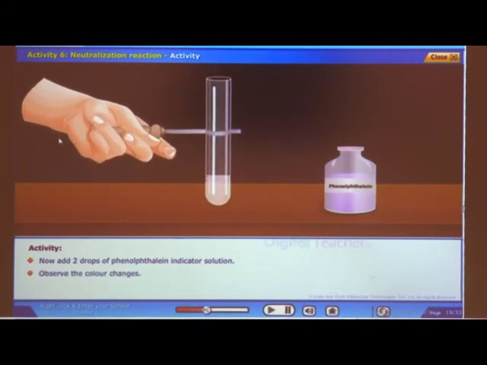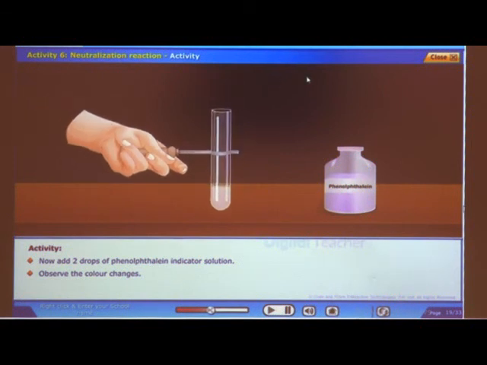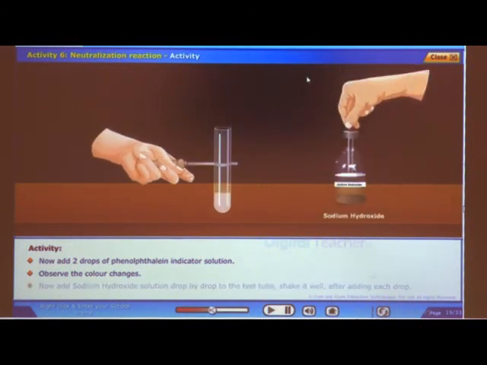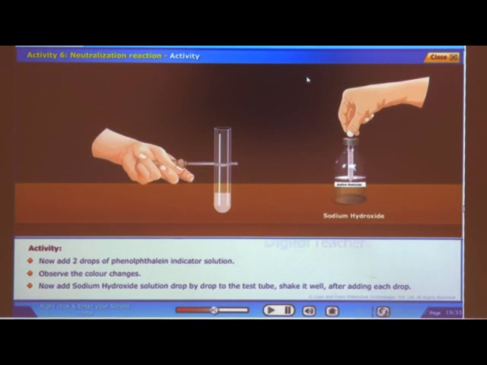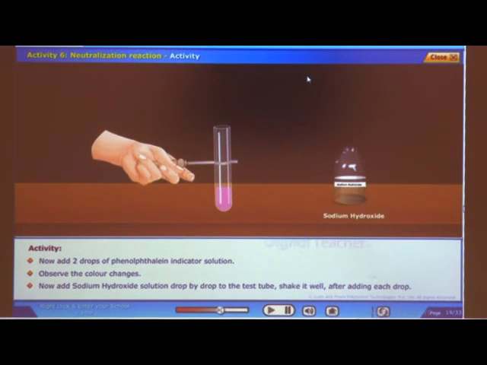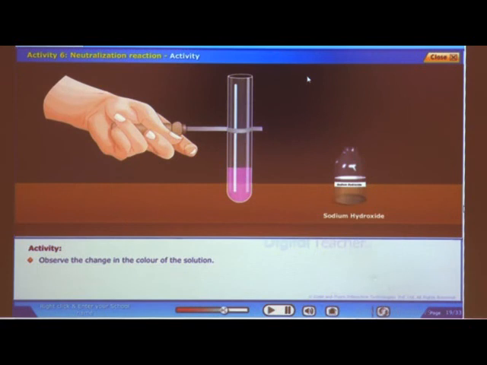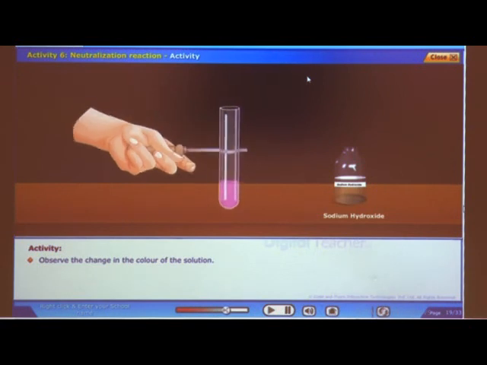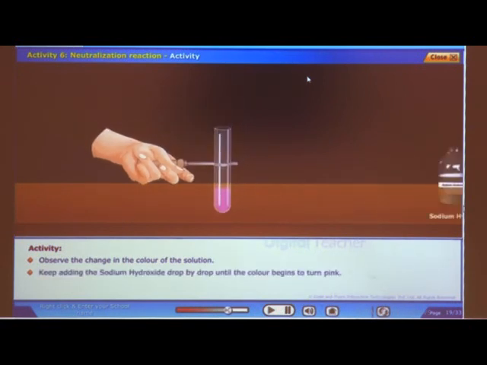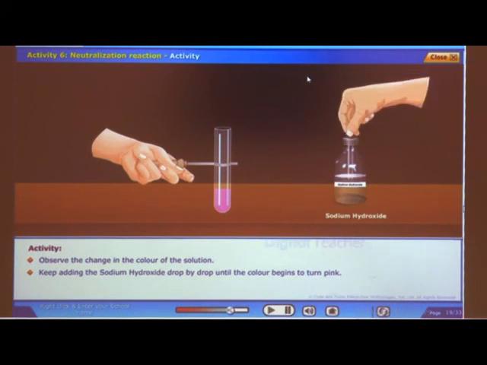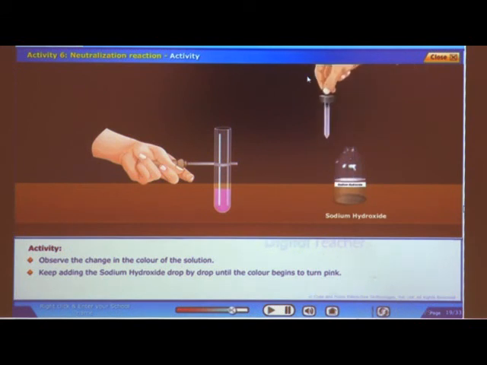Observe the color changes. Now, add sodium hydroxide solution drop by drop to the test tube. Shake it well after adding each drop. Observe the change in the color of the solution. Keep adding the sodium hydroxide drop by drop until the color begins to turn pink.